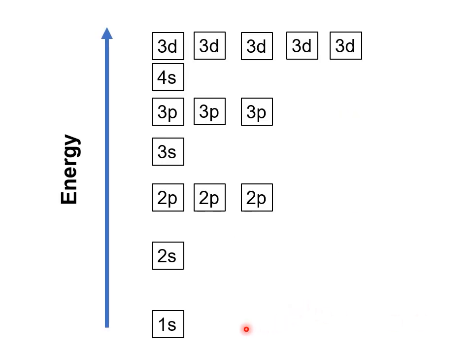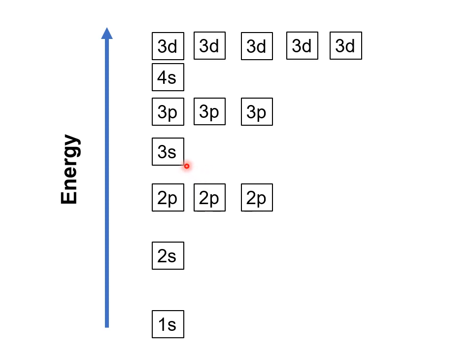Remember we talked about the energy of the orbitals, and we said the lowest energy orbital is the 1s, so that's the closest to the nucleus, followed by the 2s. Each of these hold two electrons, followed by the 2p. There are three subshells of 2p, each hold two electrons, so that's a total of 6 electrons in the 2p.